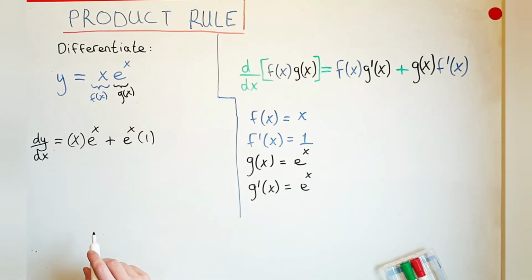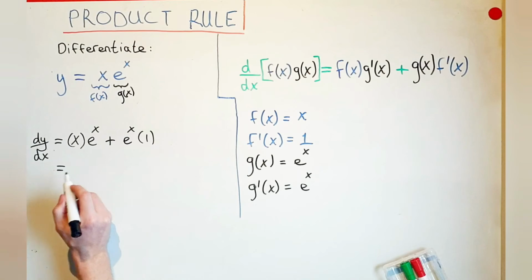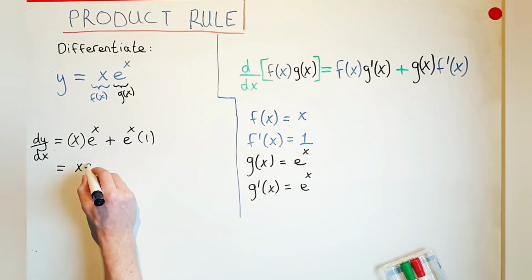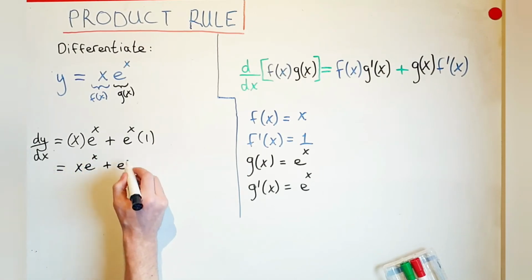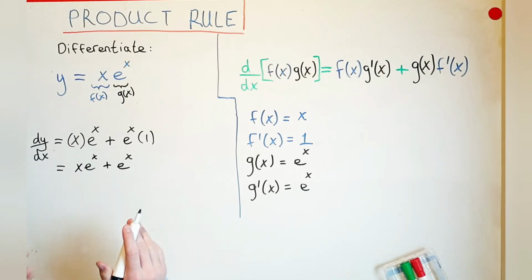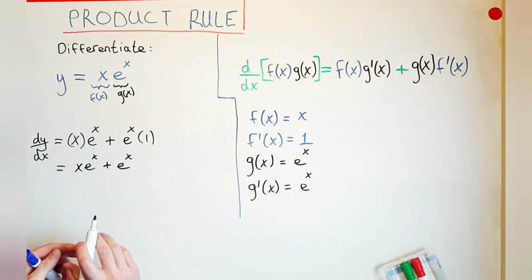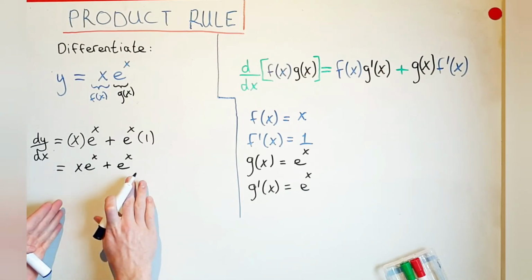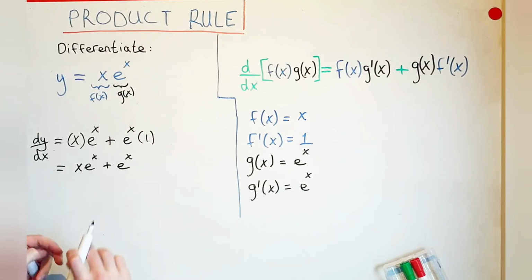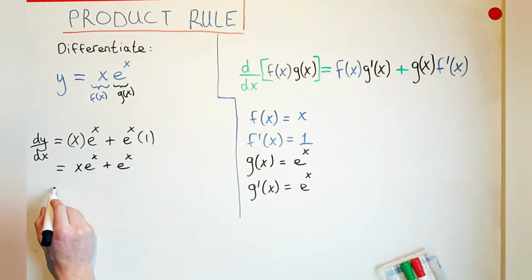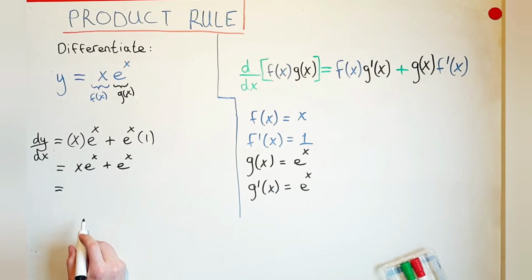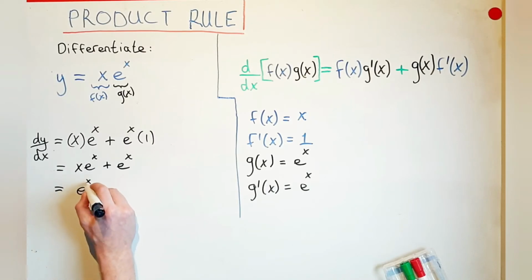Again, all we're going to do is simplify. So this is going to equal x e to the x plus e to the x. You should be able to spot here that we have some common attributes with each expression in this equation. What we're going to do is take out that common factor, which is e to the x.